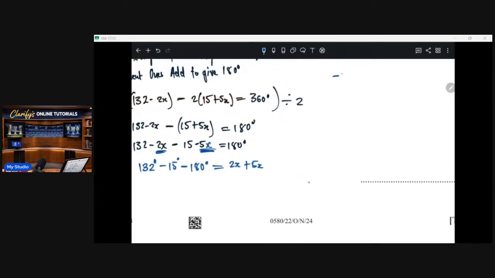Negative 63. Yes, we can just use the calculator for fast calculations. Then you divide by 7, you get negative 9 degrees. This is equal to x.